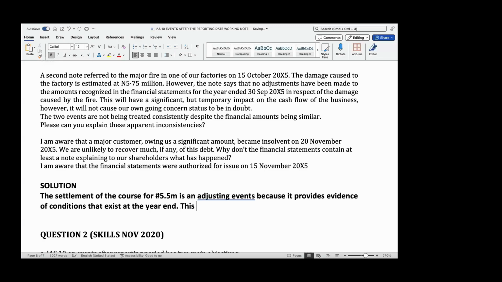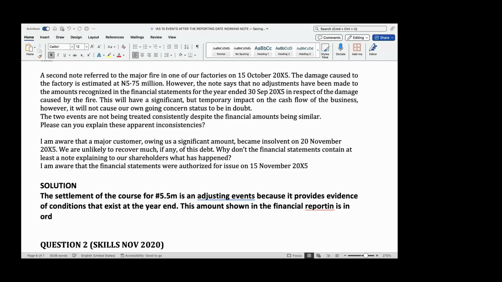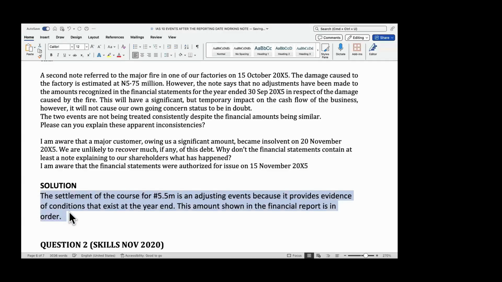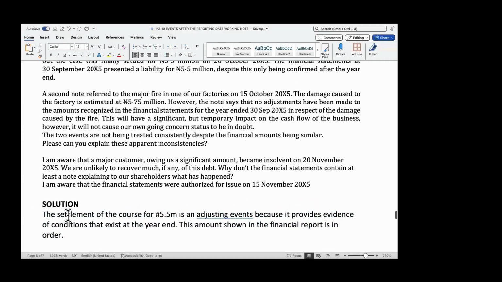The amount shown in the financial reports is in order. Okay, so it is an adjusting event.